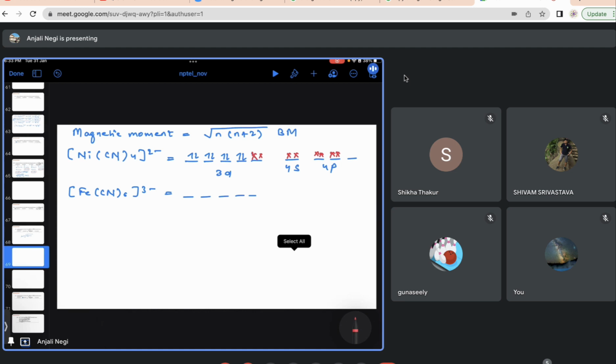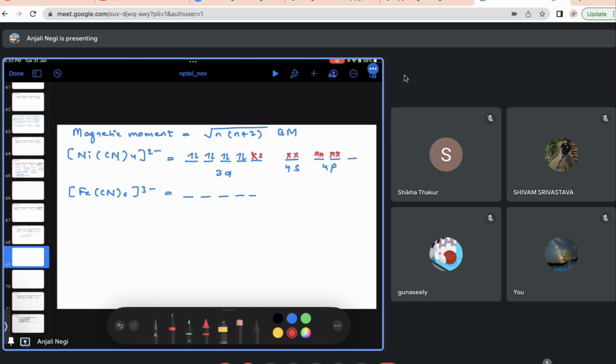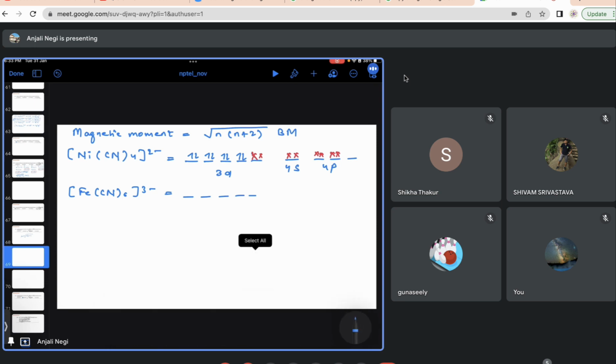So simply writing it down again. Here this is my 3d, this is my 4s, and this is my 4p. Since this is my iron, it has 3d5 configuration, and you can write it down like this.